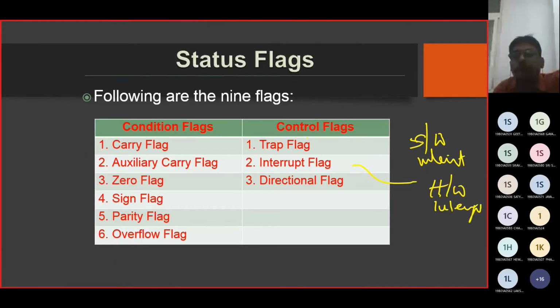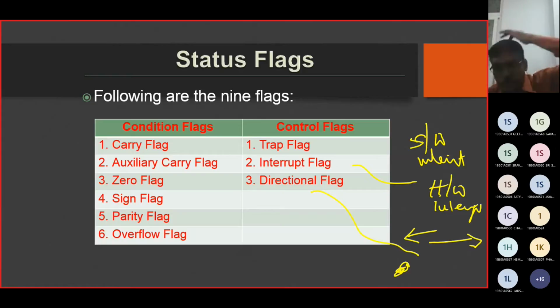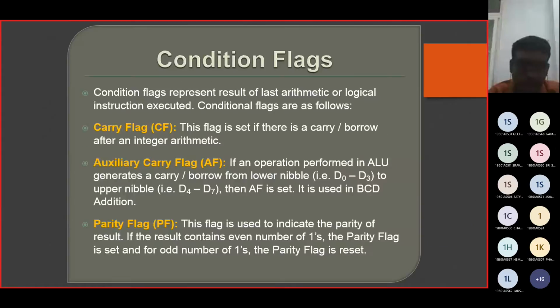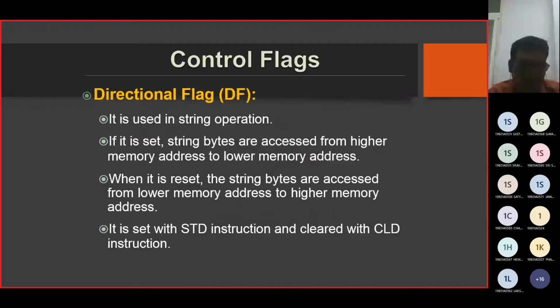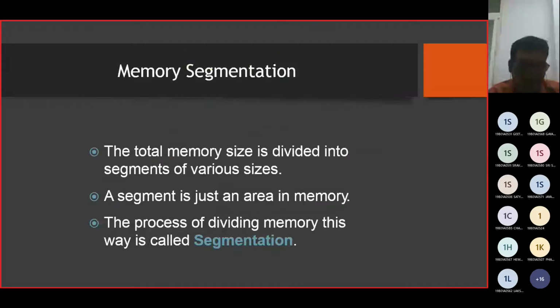And the third one shows the direction, towards the left hand or towards the right hand, so we call it the direction flag. Move to the left side, move to the right side. Where the data has to be pushed is decided with this direction flag. We have discussed all the 9 things of the flags.